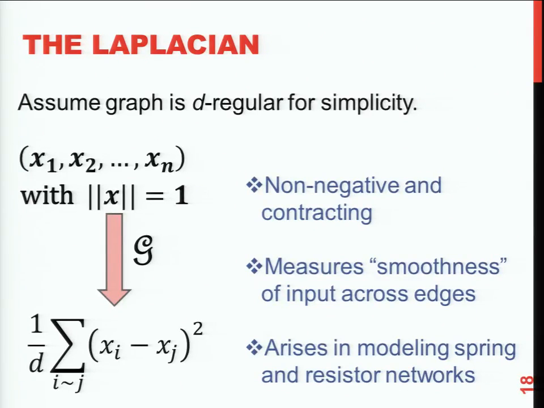Suppose that across all edges xi and xj are the same. Then xi minus xj is always going to be 0, and so you get 0 for the whole quantity. So it measures the difference of this vector x across edges.